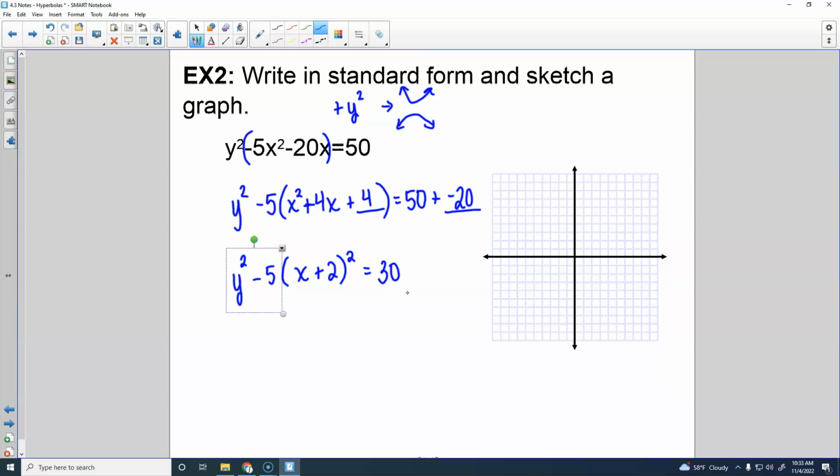And then with an ellipse or a hyperbola, we need it to equal 1 when it's in standard form, so we're going to divide by 30. So we get y squared over 30 minus x plus 2 squared over 6 equals 1.